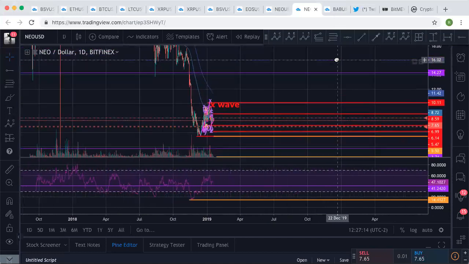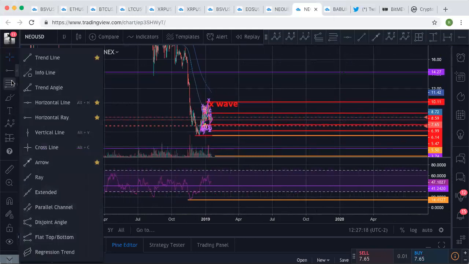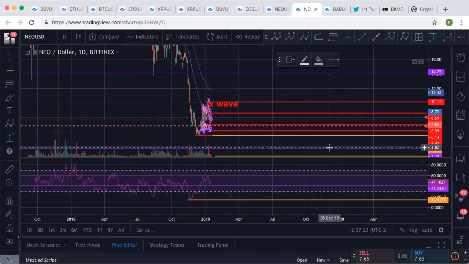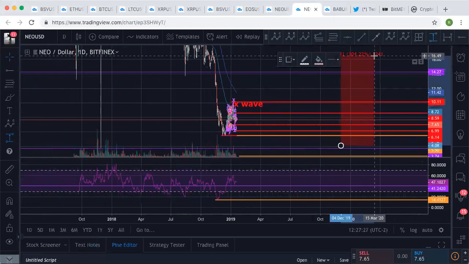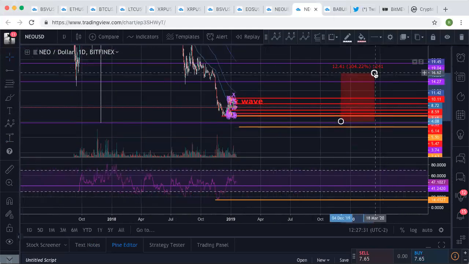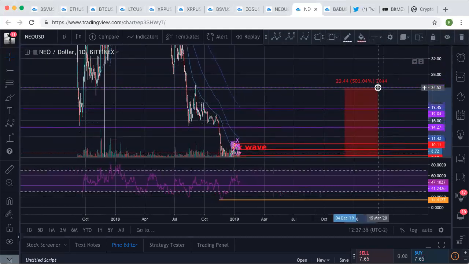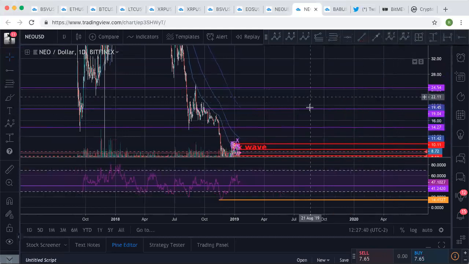Once we get more information on the chart, it'll be easier to tell. But let's say we get an order in at about $4 and we head up to, I don't know, 25, which was an original chart that I had. It's a 500% gain. That's insane. So at the moment, anything's really possible.